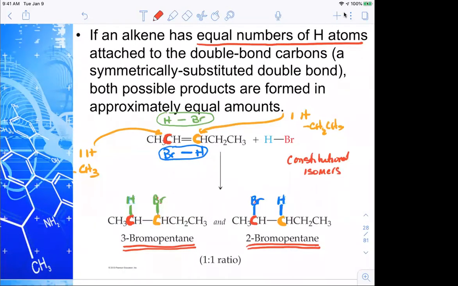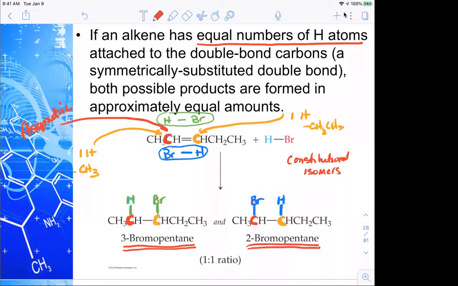And it also means they're different products. So this alkene was asymmetric. I had one hydrogen and one methyl, and one hydrogen and one ethyl.